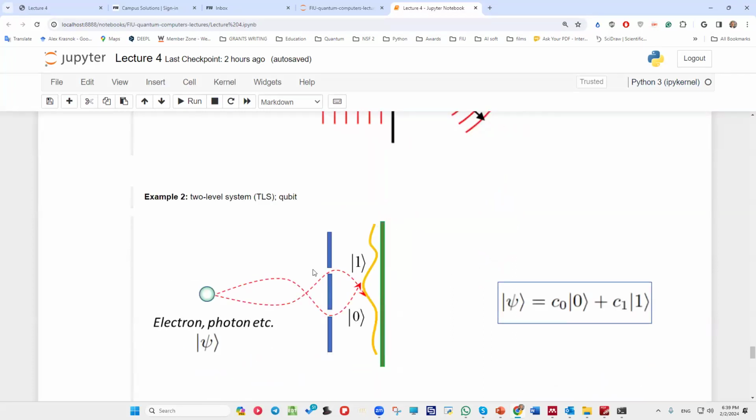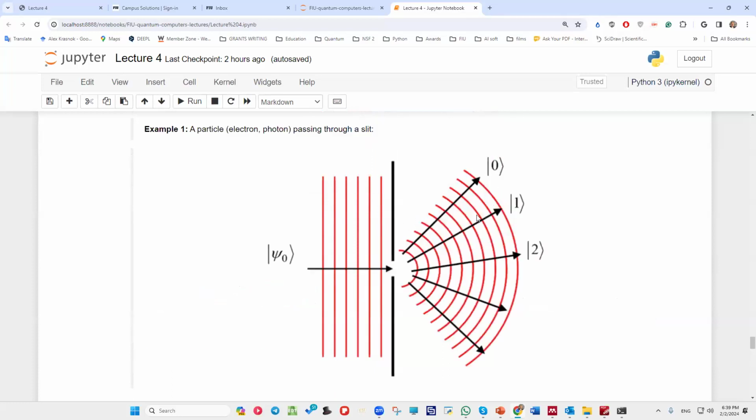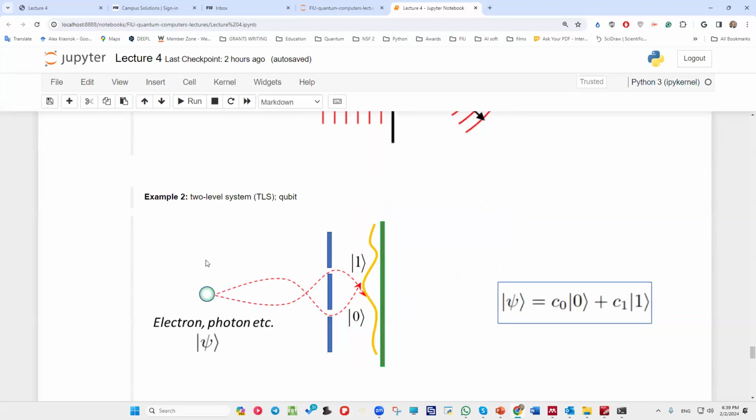So I truncate this infinite number of states to just two possible states, right? And this is an example of a qubit, when the particle can go through this path here or this path here, but no more. So this is just two options here.